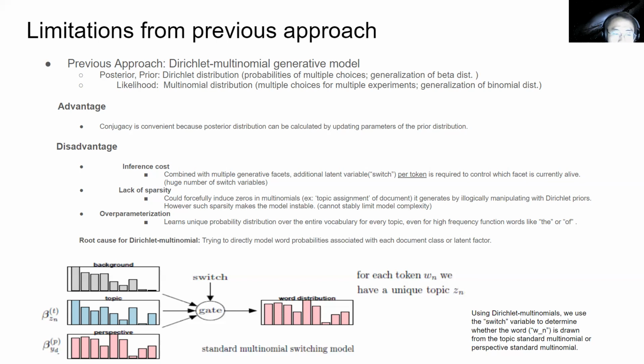And yeah, so in terms of sparsity, it is possible to forcefully induce zeros in these multinomials, because we could just manipulate the Dirichlet prior. Let's say that one instance of the Dirichlet prior is a vector of length 3.